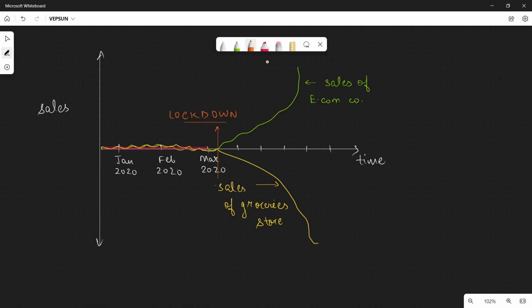So what did we do? We started purchasing commodities from there, and eventually the sales of e-com companies started witnessing a rise. So this is what this graph actually talks about.